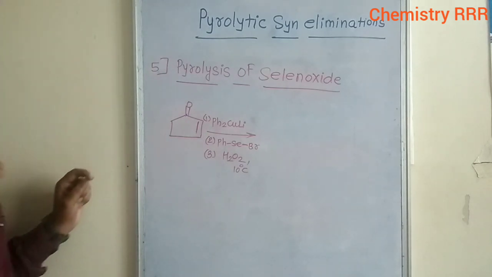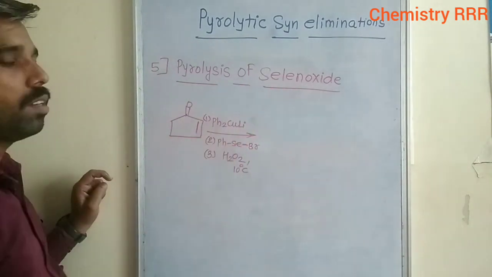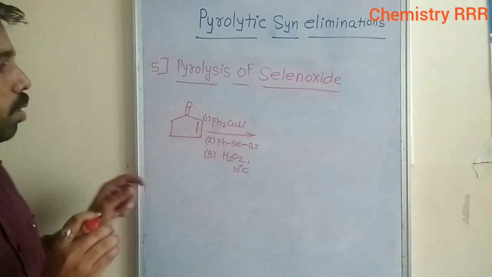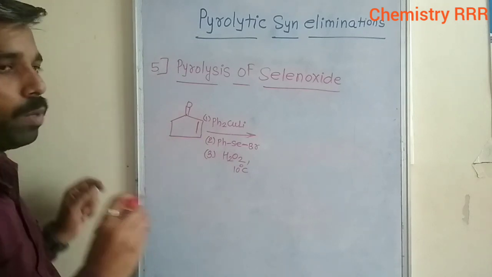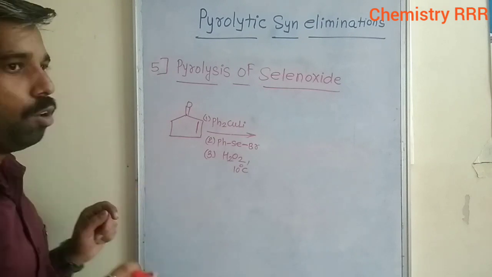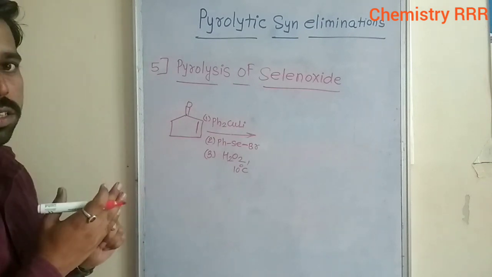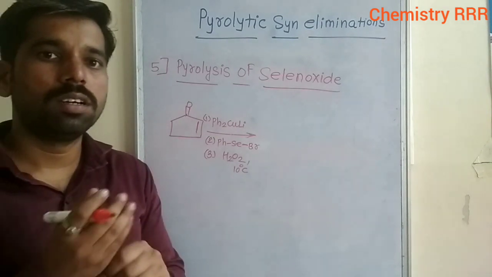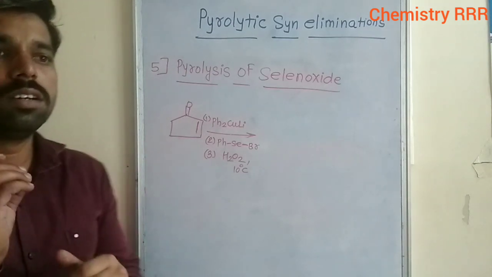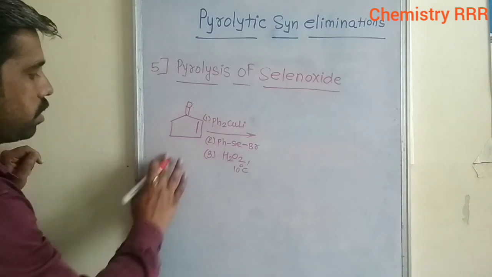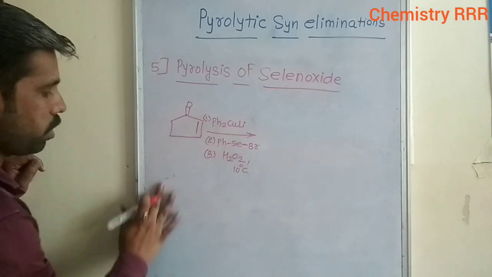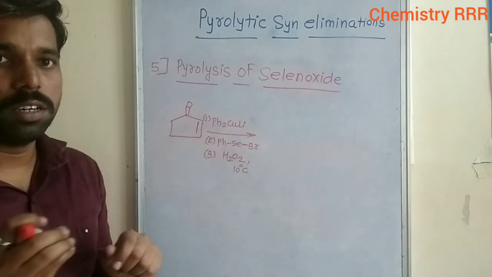Now remember one thing is that the pyrolysis of the selenoxide, this reaction goes at the room temperature. Okay, now this is very useful for the formation of the carbon carbon double bond. By comparing with all previous pyrolytic elimination reactions, that is elimination by sulfoxide, elimination of the amine oxide, then our first reaction is the syn pyrolytic elimination of the ester.